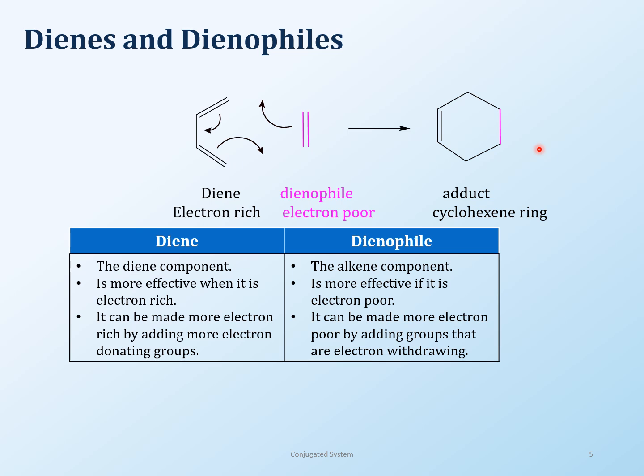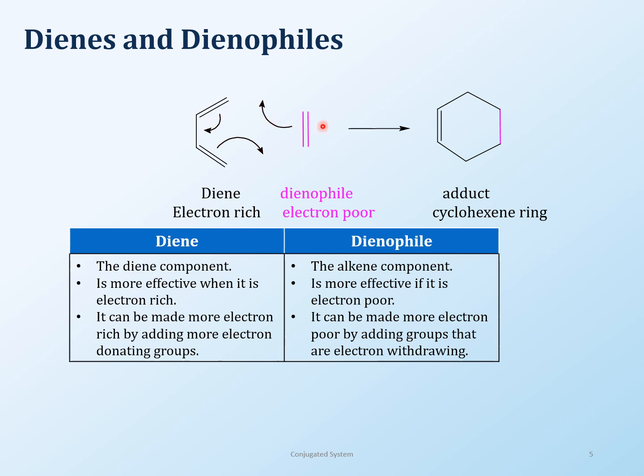So what can we do in order for these reactions to give long-term, stable products? Well, if the diene is going to be electron rich, then you can make it even more electron rich. If the dienophile is supposed to be electron poor, you can make it even more electron poor. So you create this imbalance between the diene and the dienophile.